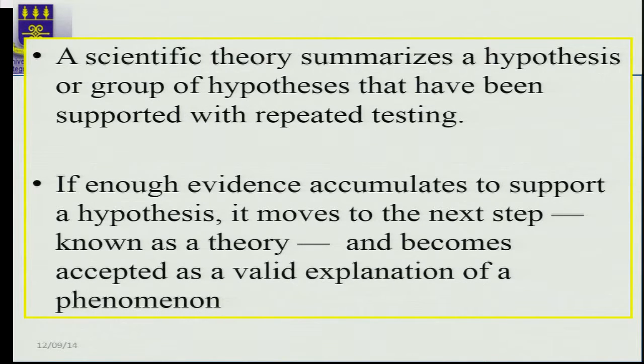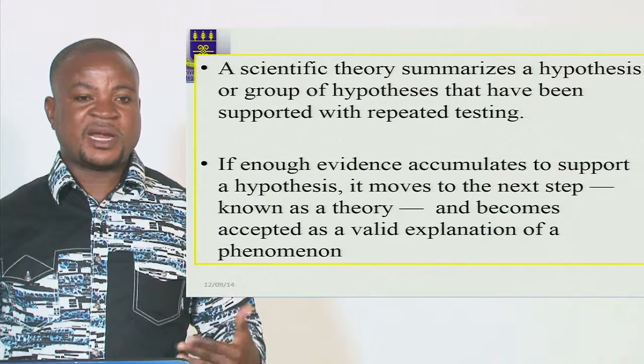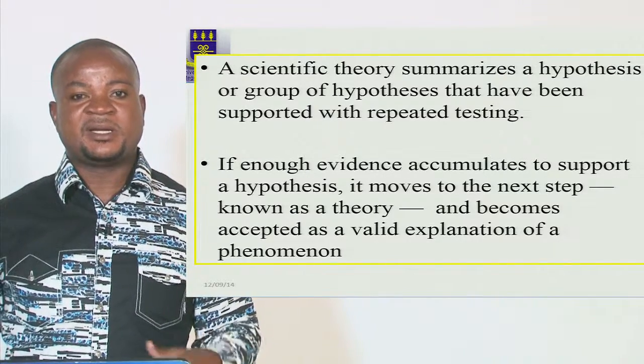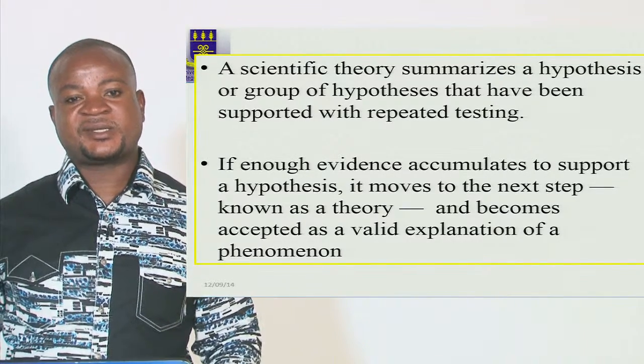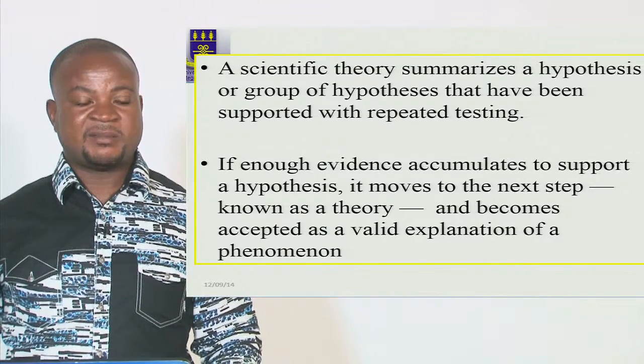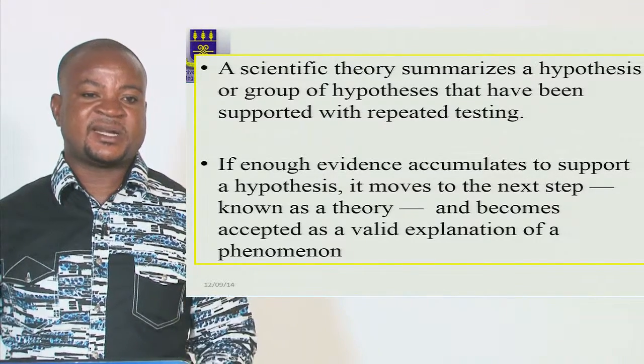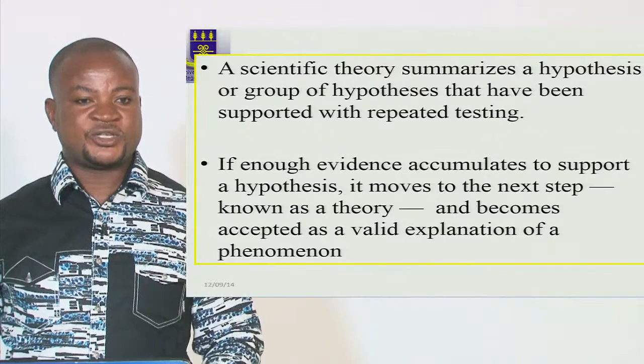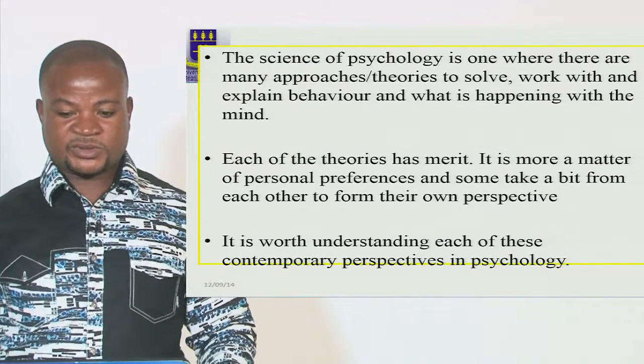In other words, there is enough evidence that has been accumulated over the years to support the hypothesis. And once that happens, it goes beyond hypothesis. No longer a hypothesis, it moves to the next step, which is a theory. And it becomes accepted as a valid explanation of an issue. And so that's what we should note.